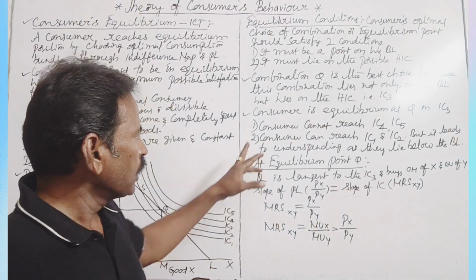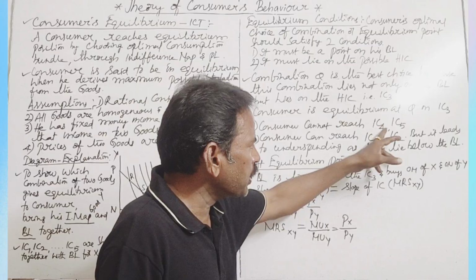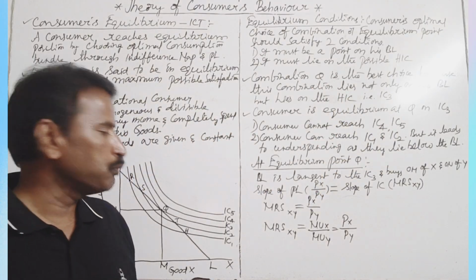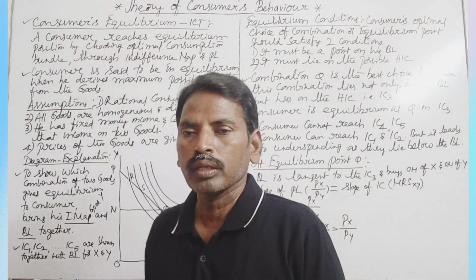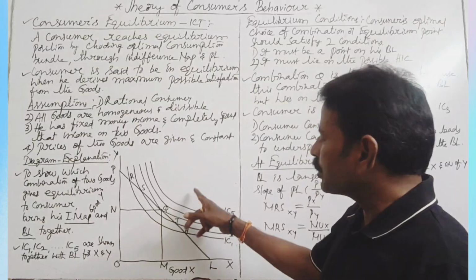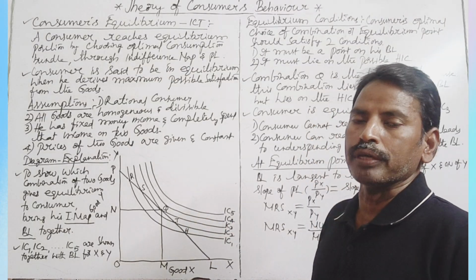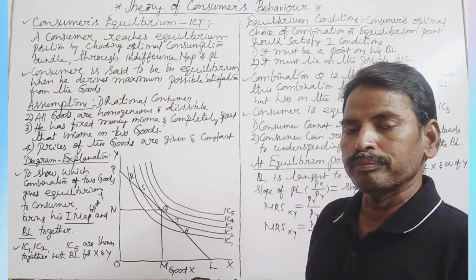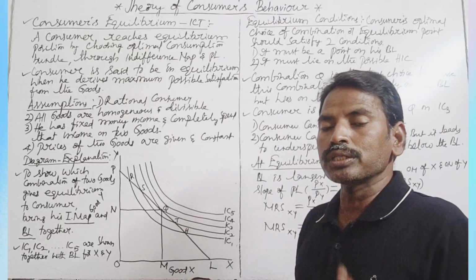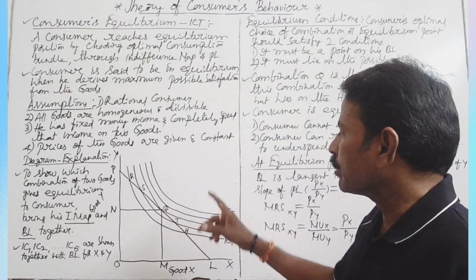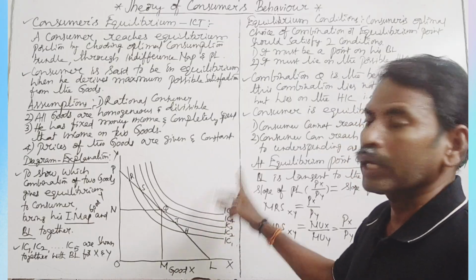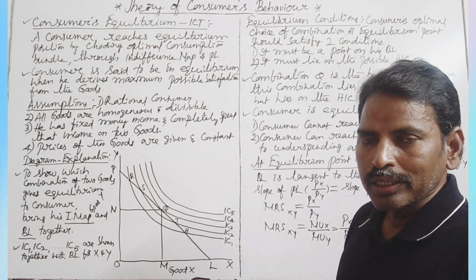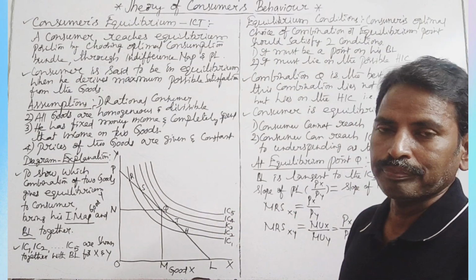Consumer cannot reach IC4, IC5, because his money income is not supporting and prices of two commodities are also not supporting. So he can't reach IC4, IC5 because his money income is limited.